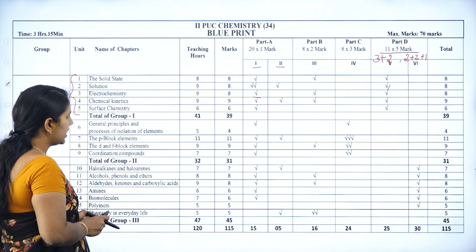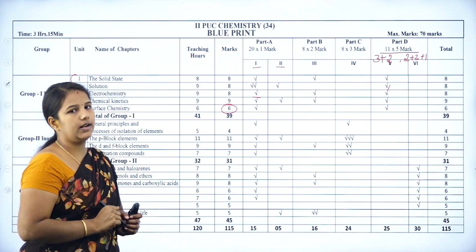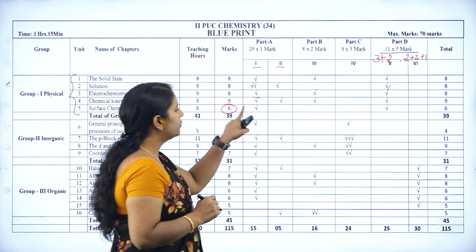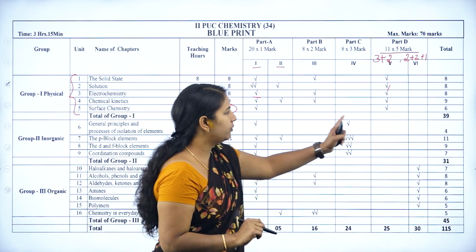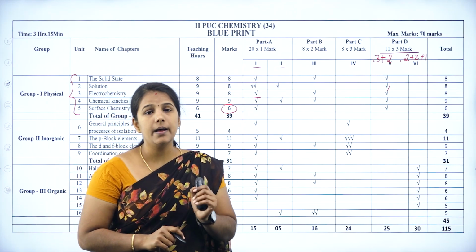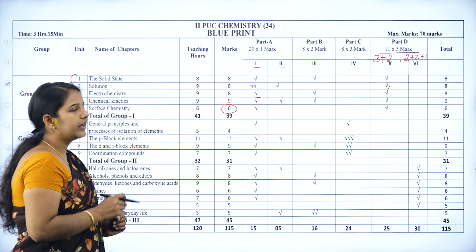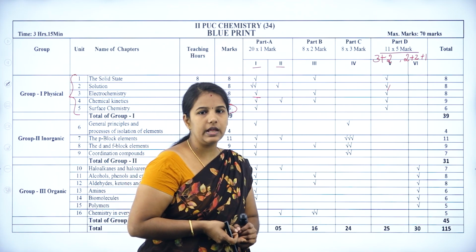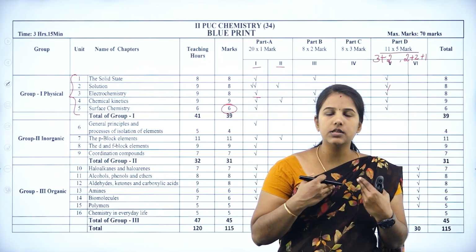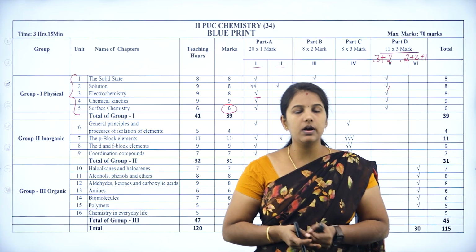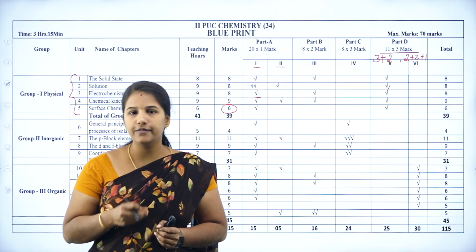Coming to surface chemistry, this is the smallest unit in physical chemistry, and from this unit we can expect only 1 choose the correct answer and 1 five mark question in part D. Remember, when I say it is physical chemistry, there will always be a numerical. So if you don't know how to solve the numerical, at least try to write the formula; for that, at least you'll get 1 mark.